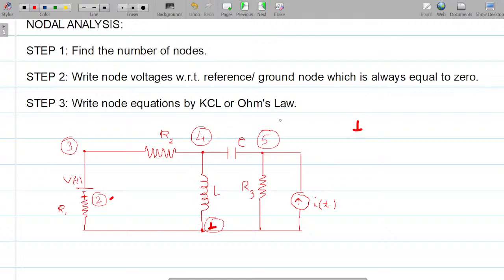Node number 4, this node. And node number 5, these are all principal nodes. Now node number 2 and node number 3 would be your simple nodes.